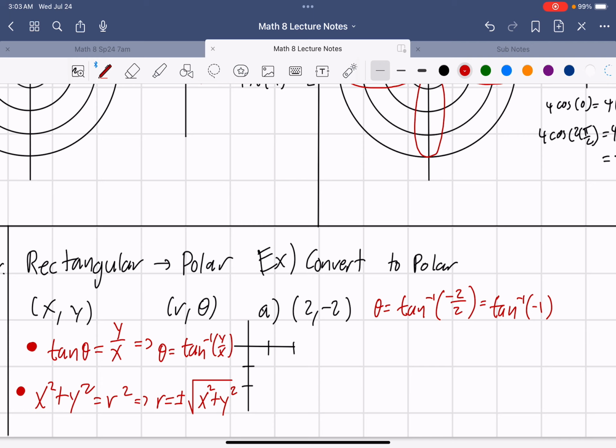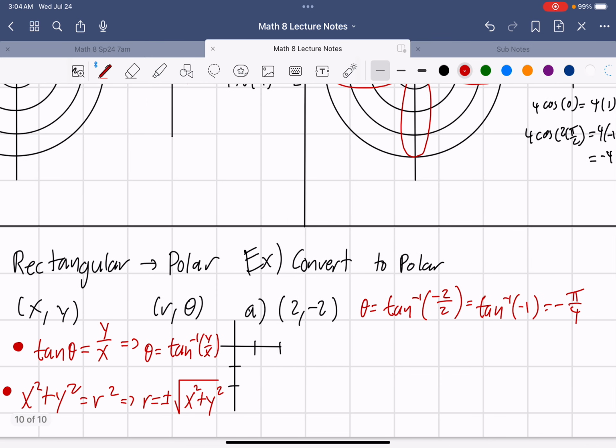And you have to remember the restriction for tangent inverse is between negative pi over 2 and pi over 2. And tangent is negative only in quadrant 4. So to get to that 1, negative 1, where the y and the x are the same magnitude, that happens here in quadrant 4, which would have to be negative pi over 4.